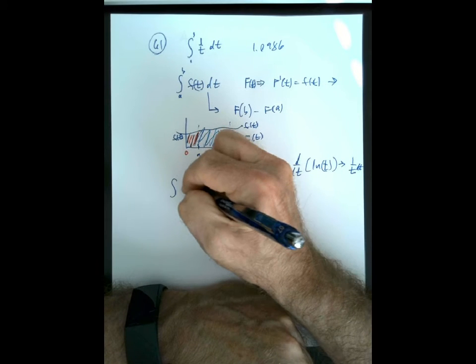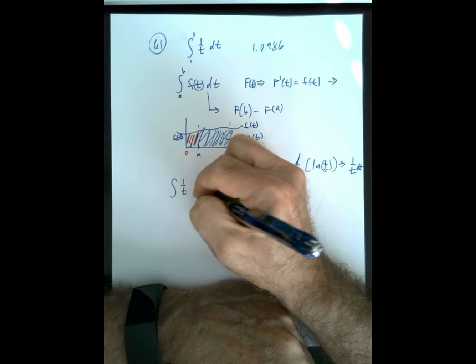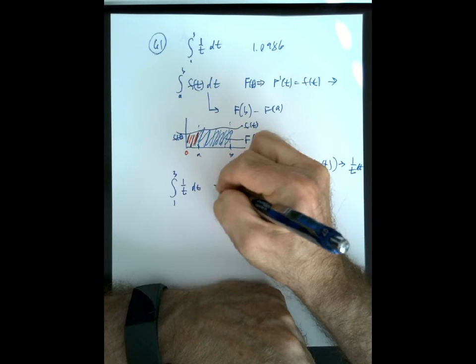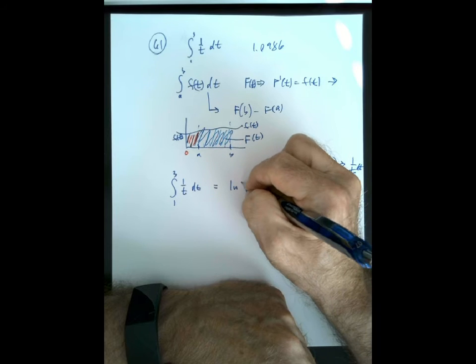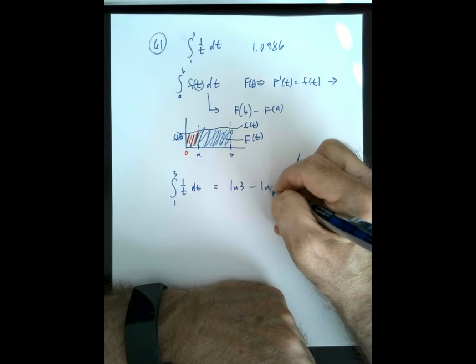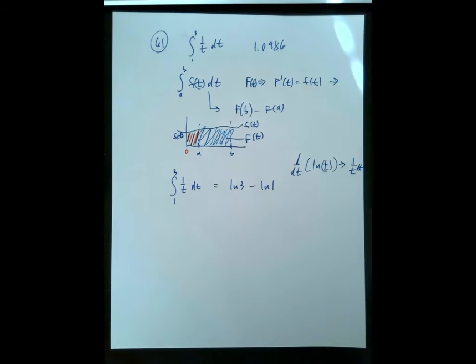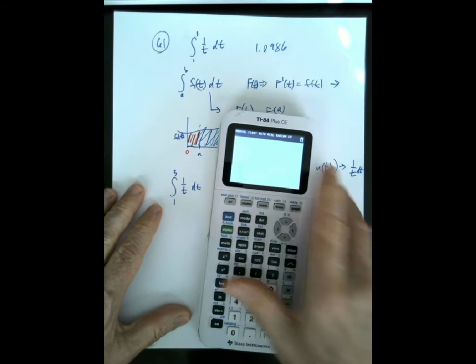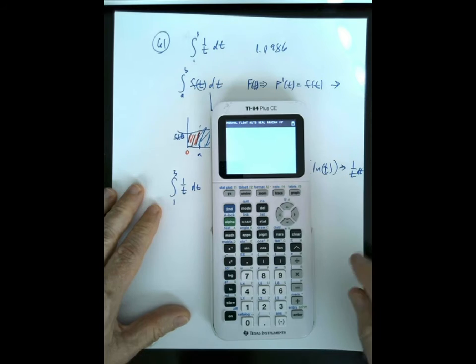So the integral is going to be equal to ln 3 minus ln 1. Okay? So what does Mr. Calculator say that is? There it is, ln 3.